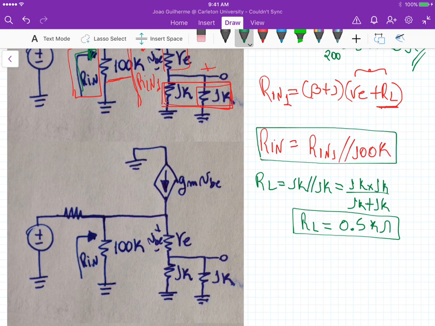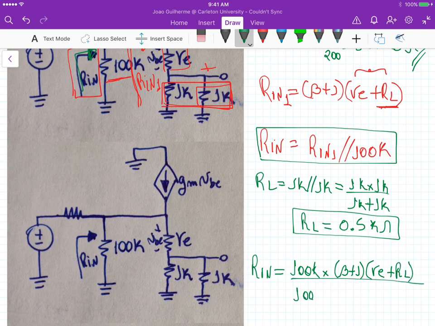So if we expand this equation here, we know that R in is equal to R in 1 in parallel with 100K, so that's 100K times beta plus 1 times RE plus R load divided by 100K plus beta plus 1 times the small signal emitter resistance plus the load resistance.